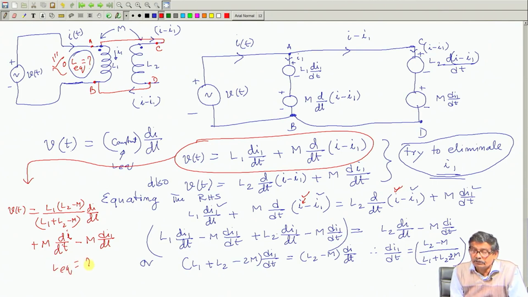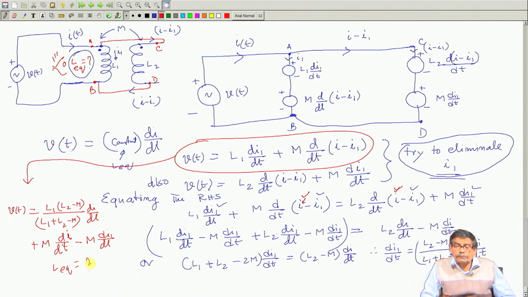Got the idea? So, first thing first, do not get confused about the dot convention. Unless you know the dot convention, you will not be able to show the correct polarity of the voltages, which is essential in writing the KVL equation.